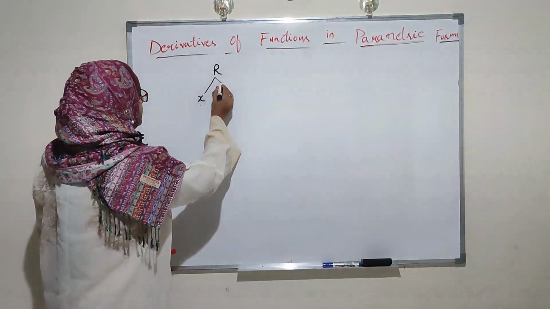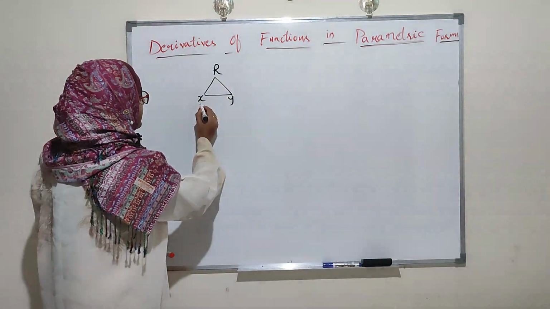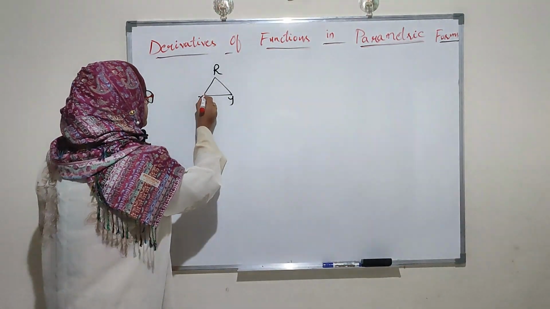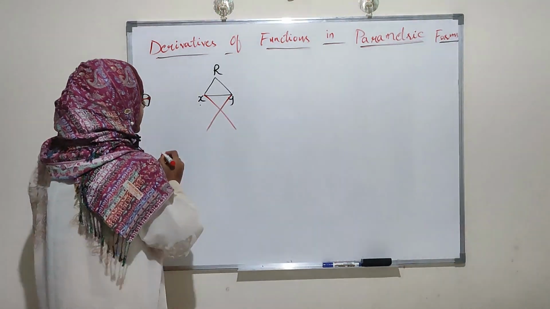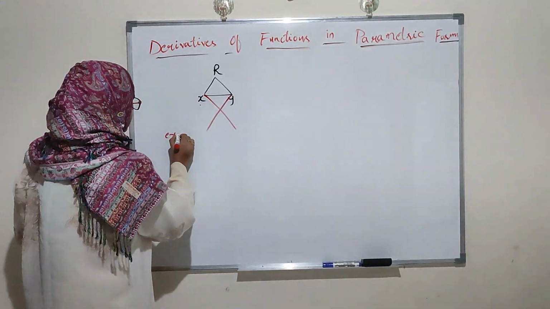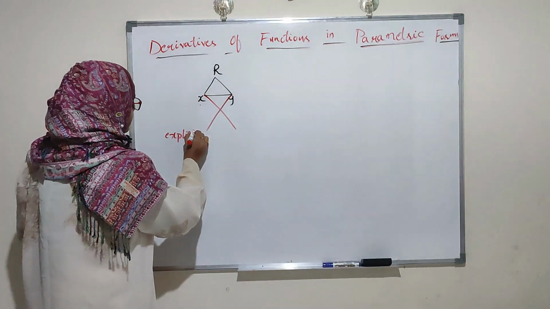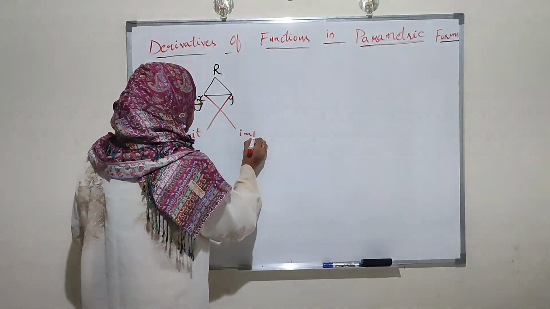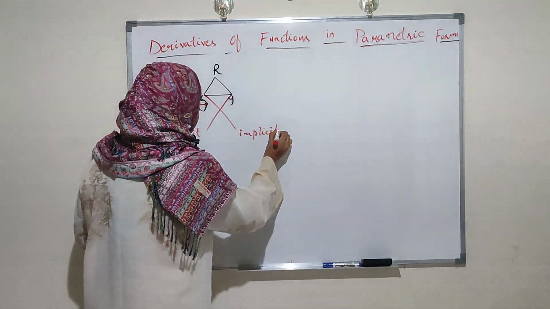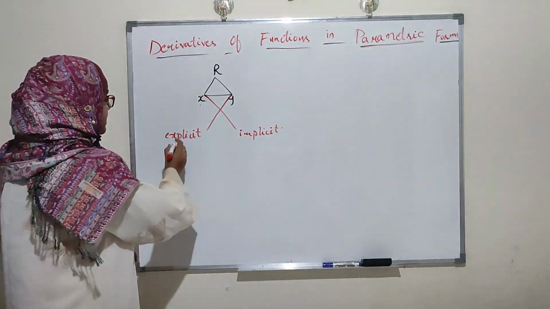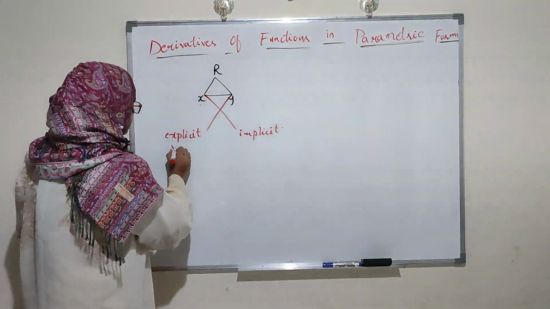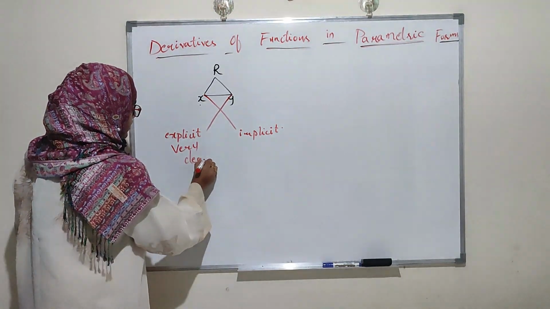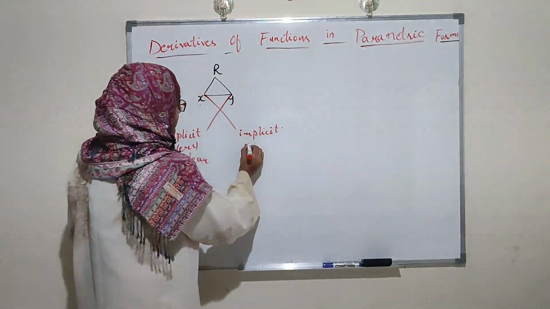We want to connect the relation between two variables x and y, but it is neither explicit nor implicit. What is explicit or implicit? Explicit means clear.